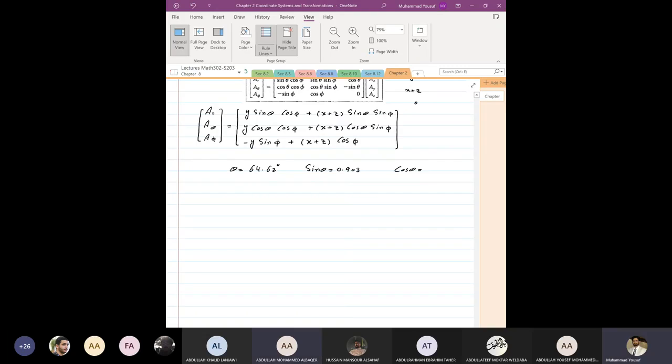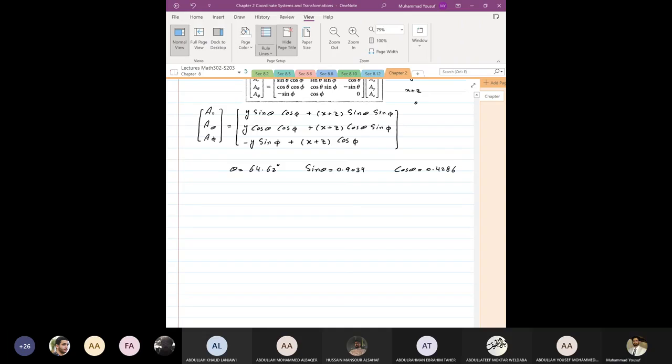Sine theta is 0.9034, 64 degrees. Cosine theta is 0.4286.